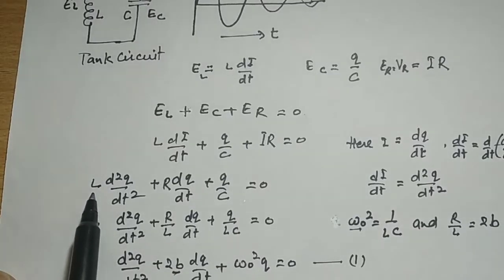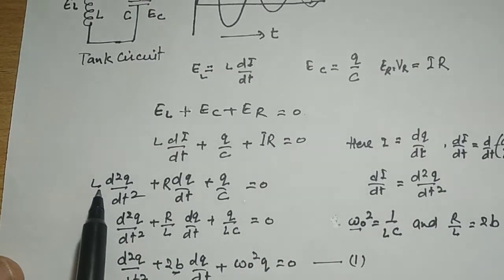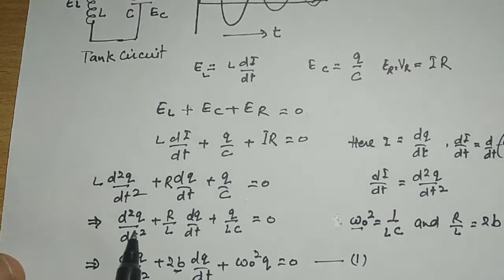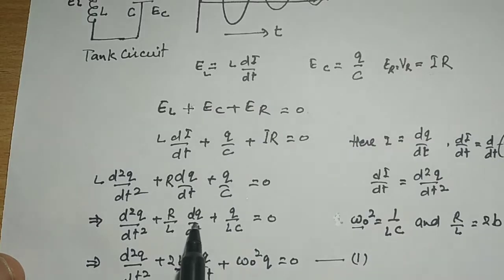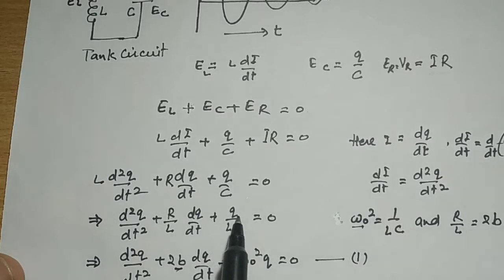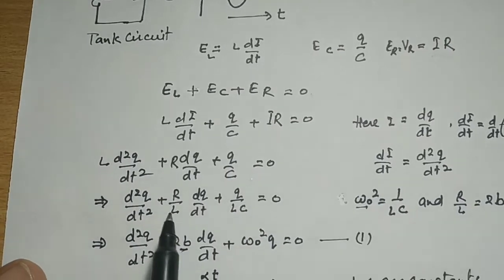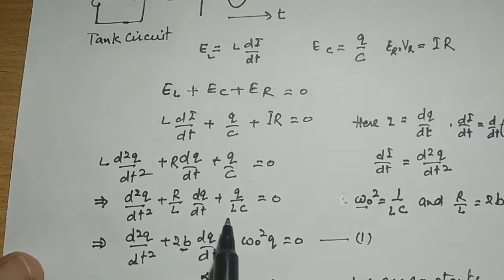Here we can divide the whole equation by L, the inductance. We get d2q by dt square, as L got cancelled, plus R over L dq by dt plus Q over LC equal to 0. Now R over L and 1 over LC can be replaced by other symbols.